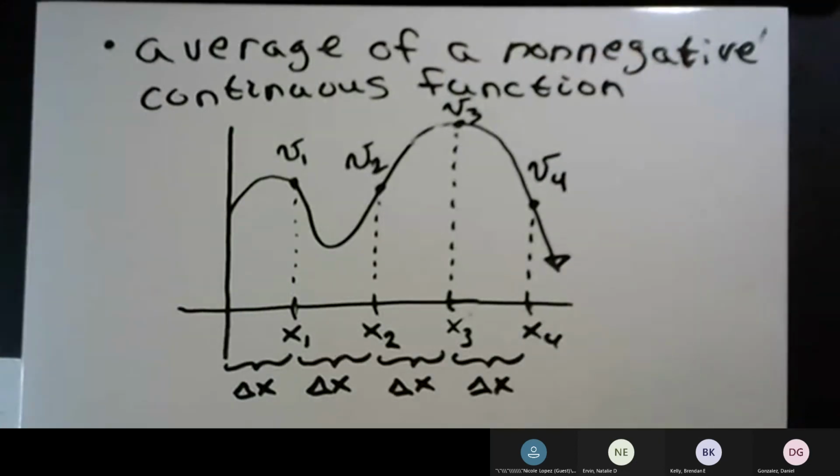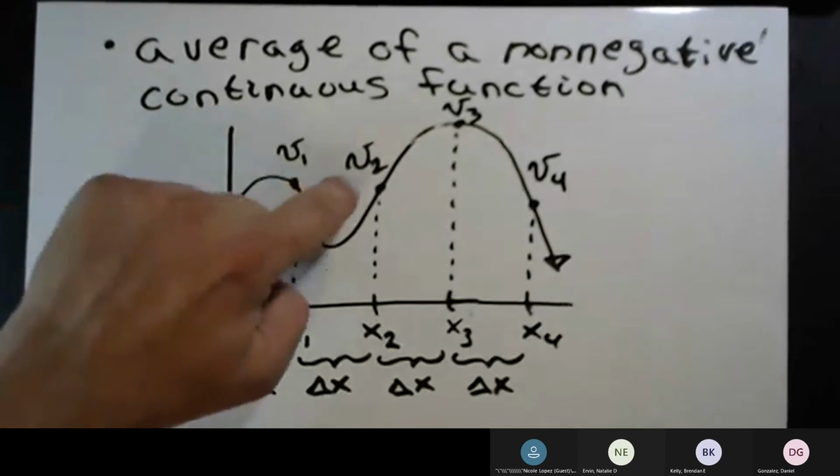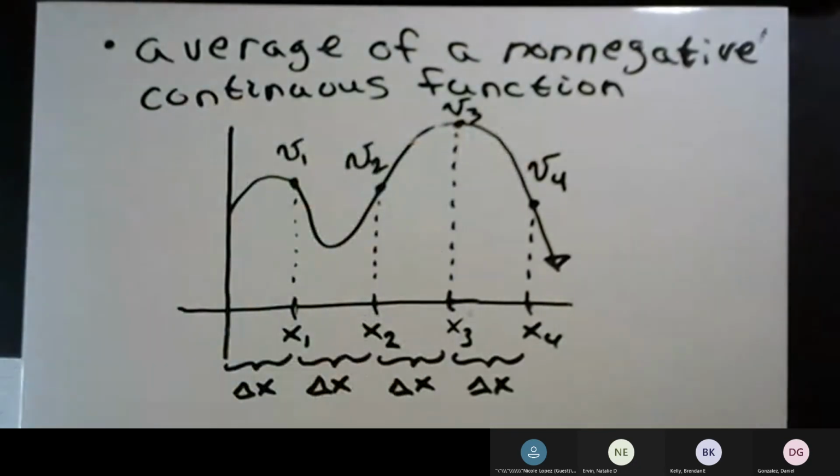So what we're going to do, we're going to use these four values to come up with an average value of this function from 0 to x4.